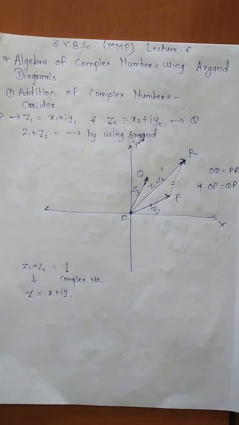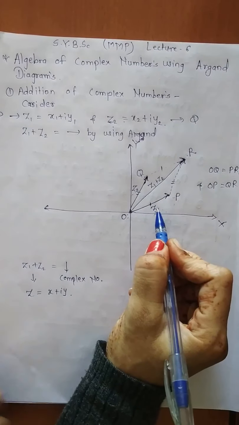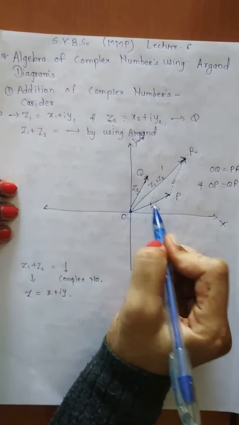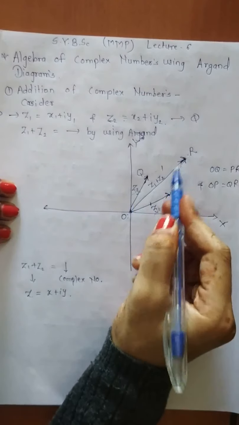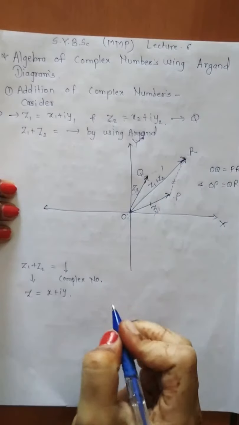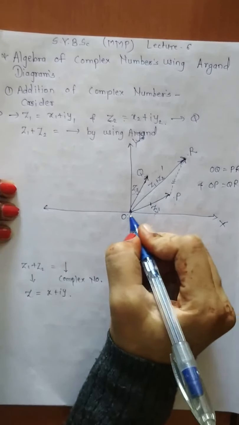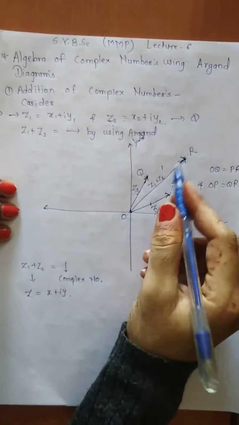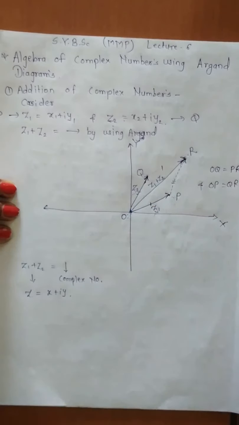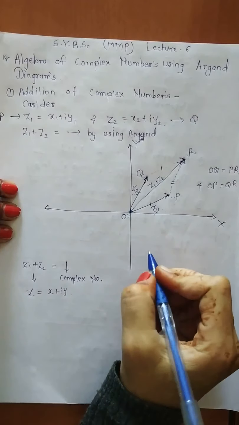Now according to this law, see, these are our two vectors, that is Z1 and Z2. Their addition is given by what? This diagonal. That means I can directly write OR, that is the addition, which will be equal to OP plus OQ according to the law of parallelogram of vector addition.